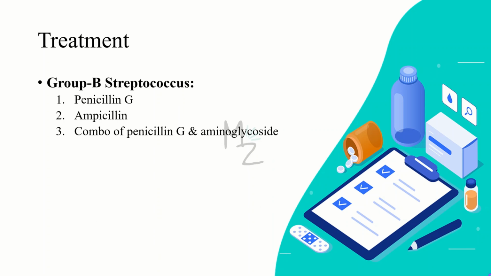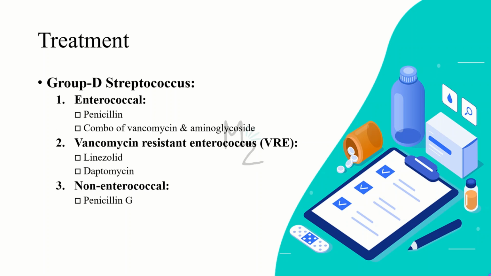The drug of choice for group B streptococcal infection is either penicillin G or ampicillin. Some strains may require higher doses of penicillin G or combination of penicillin G and an aminoglycoside to eradicate the organism. The group D streptococci involves enterococcal and non-enterococcal strains.